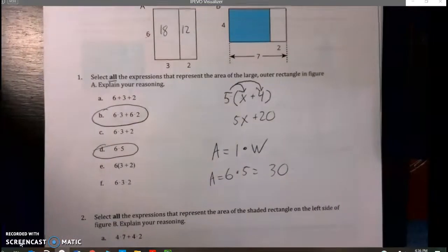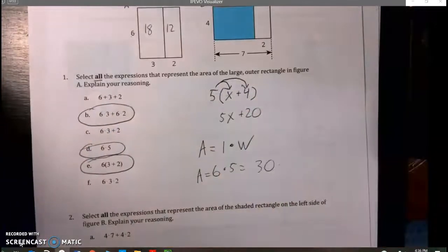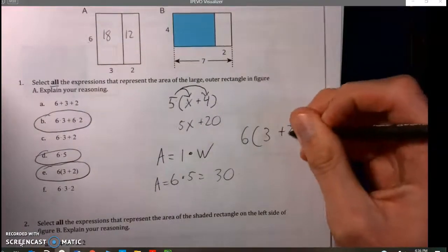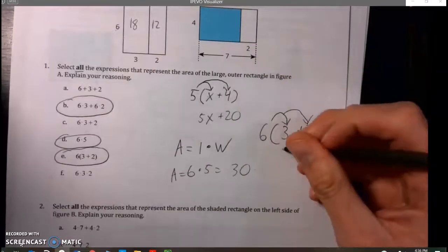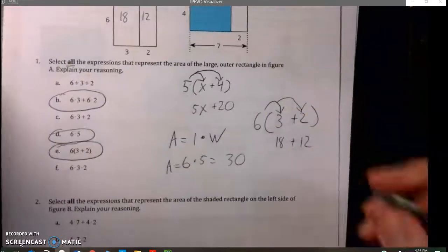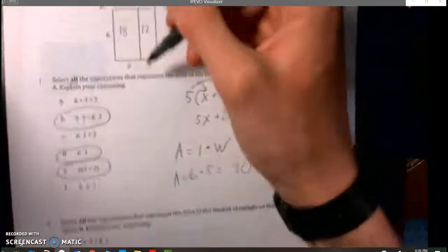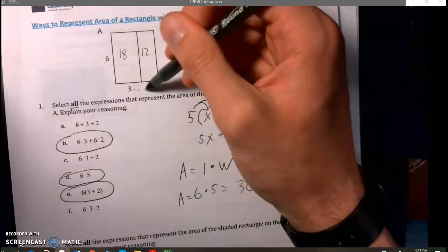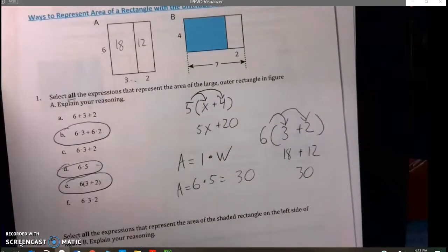And now, the other one that would work would be E, and this is that distributive property concept that we talked about, where if you have a number on the outside, that number is multiplying by both numbers on the inside. Once again, we get 18 and 12, and we get 30. So in every situation, we're just getting the same thing, whether we multiply by the two rectangles individually and add them up, or if we just add these together from the get-go like we did in the first place and got 30. Either way, same thing.